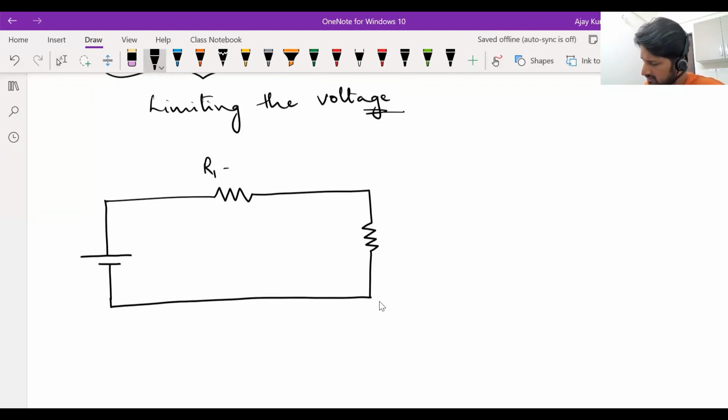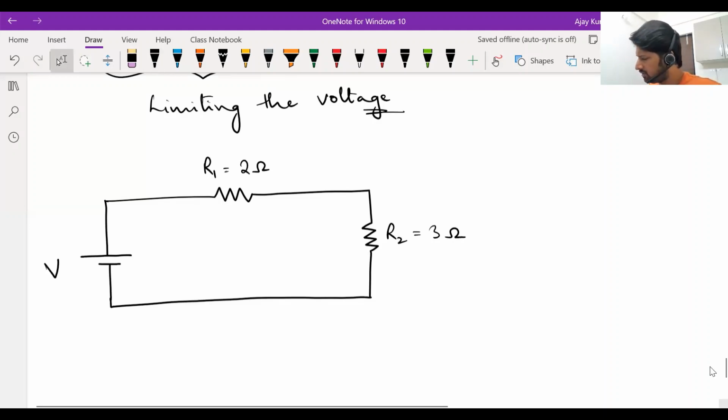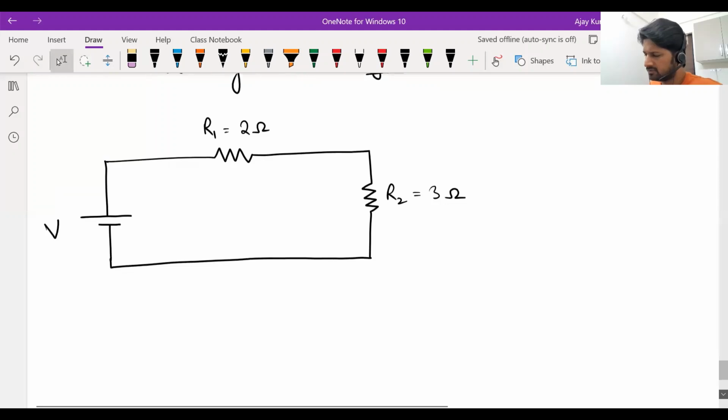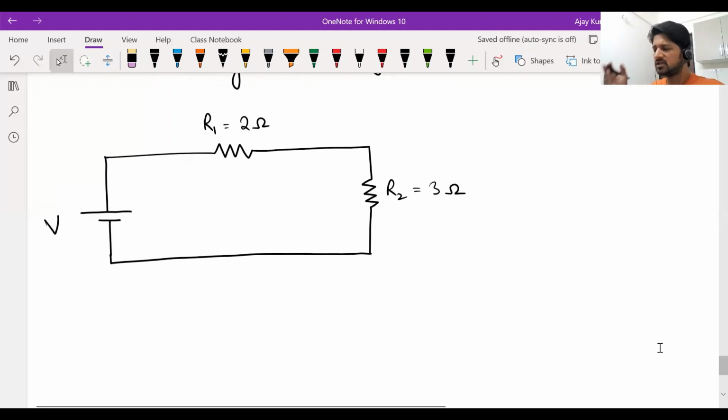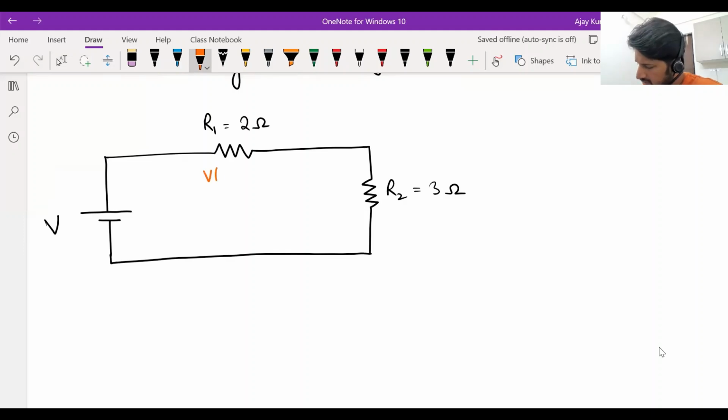Assume this first resistance is 2 ohms and this other resistance is 3 ohms. They are in series. If a voltage V is connected across this series, now you know how voltage gets distributed in a series combination of resistors. It'll get distributed in the ratio R1 is to R2. So you will see a voltage of V R1 by R1 plus R2 across this one, and V R2 by R1 plus R2 across the other resistor.